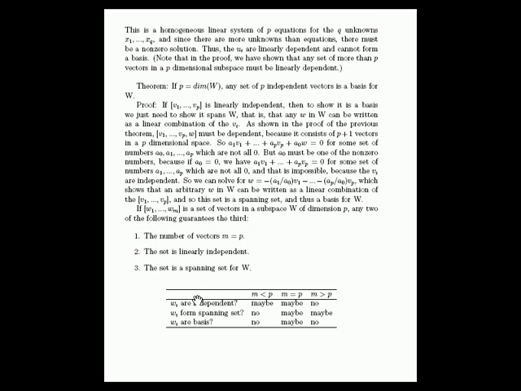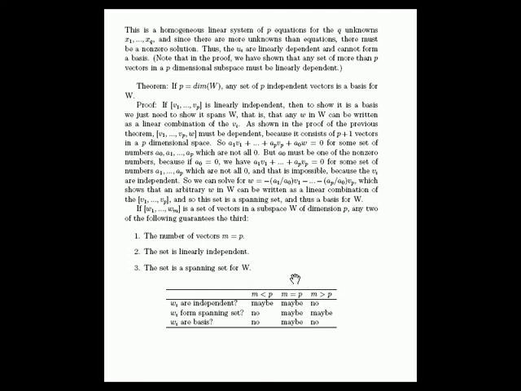Then if you have any set of fewer than p vectors, it can't span the space. If you have more than p vectors, they can't be independent. So if there are fewer than p vectors, they can't be a basis because they can't span the space. If there are more than p vectors, they can't be a basis because they can't be independent.